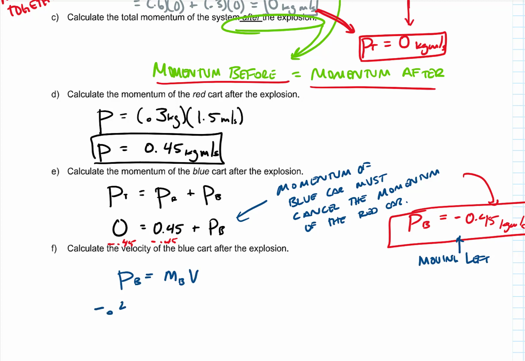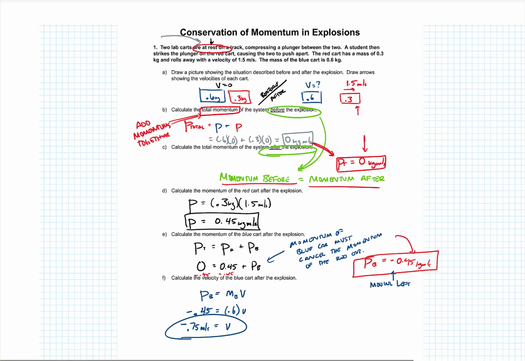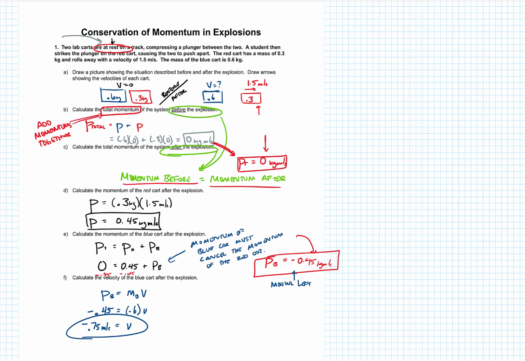So it's negative 0.45 is equal to 0.6 times the final velocity. Divide both sides by 0.6, and that makes the final velocity of the blue car negative 0.75 meters per second. And again, that negative sign means it's going to go in the backwards direction.